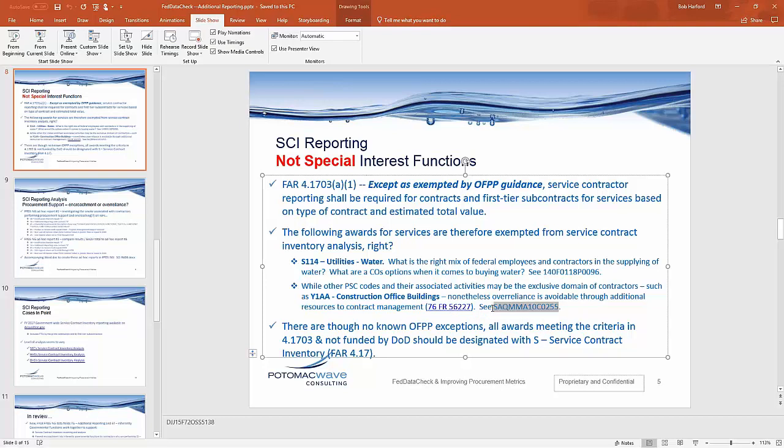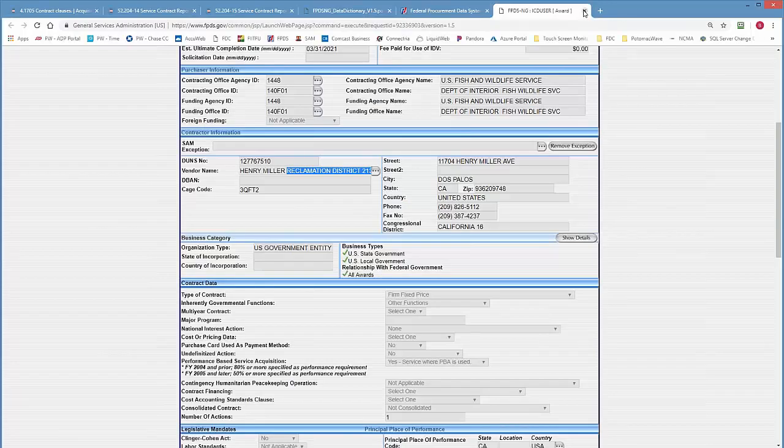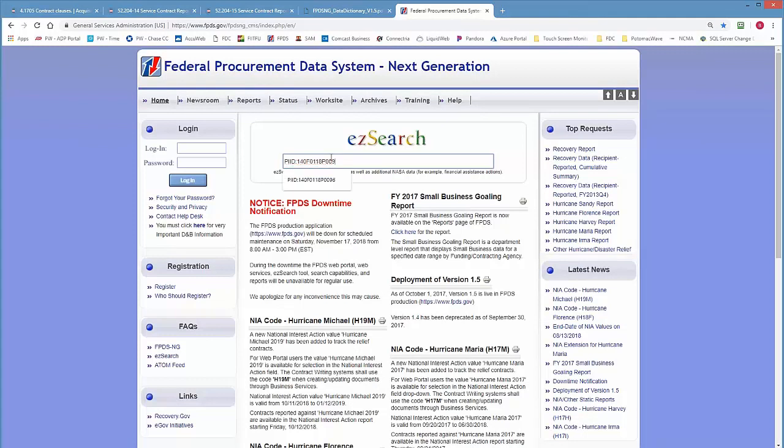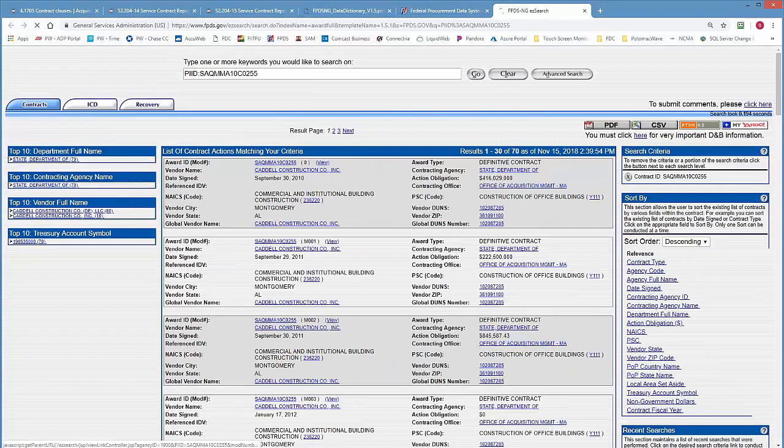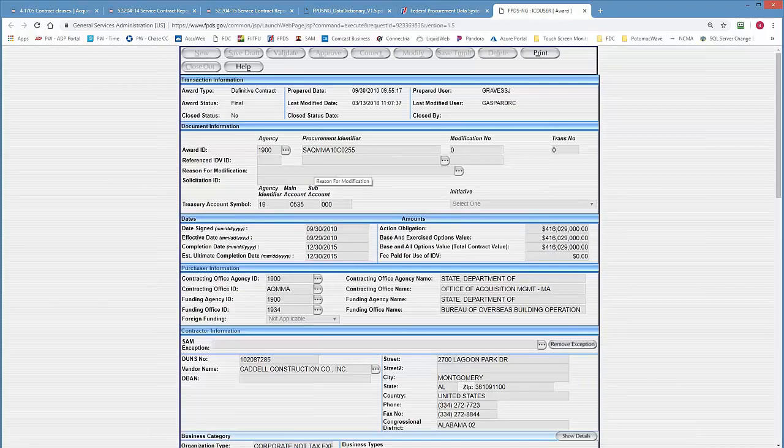So if you see this one here, really utilities was the only one that, when I went through it, I thought should be exempted. Everything else I could see should be covered when the agency is reviewing the service contract, even though the workforce balance is going to be 100% contractors to 0% federal employees.